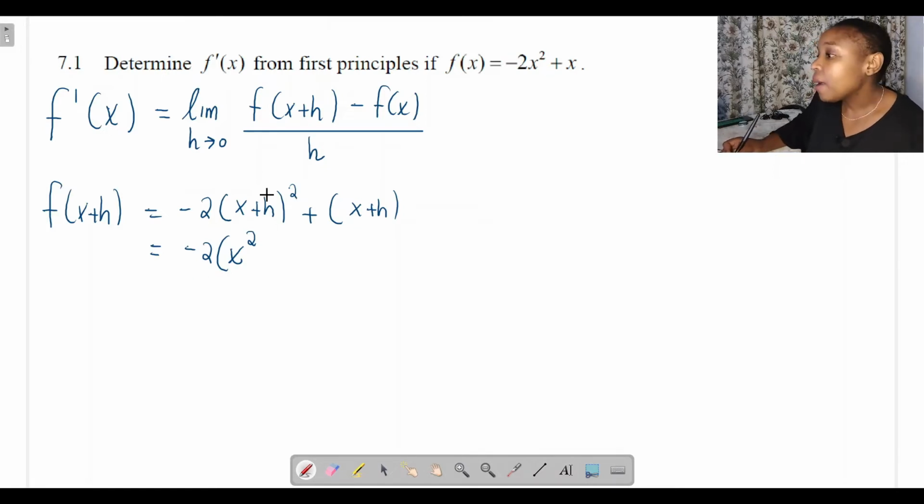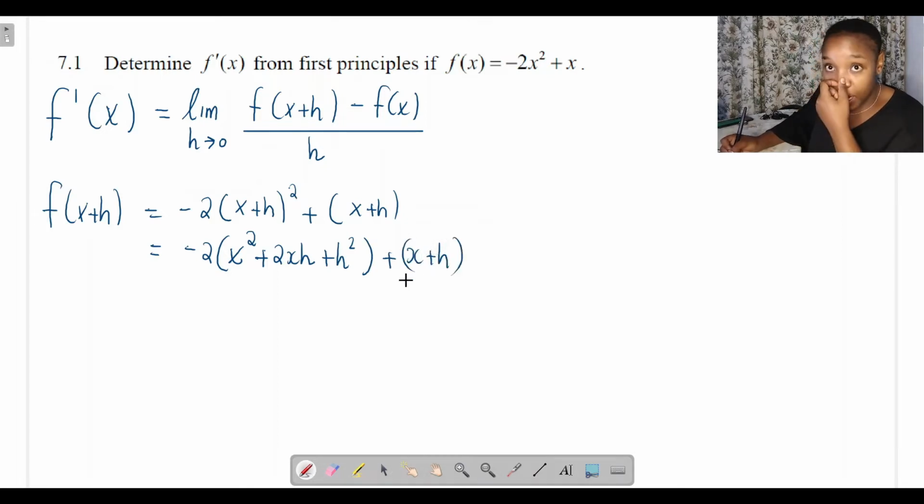Then you're going to multiply these two terms together. So x multiplied by h is xh, and then you're going to double that, so it's going to be plus 2xh. Then you're going to square the last term, and the last term is positive h, and positive h squared is still positive h squared, plus x plus h.